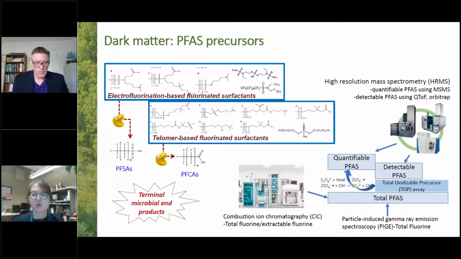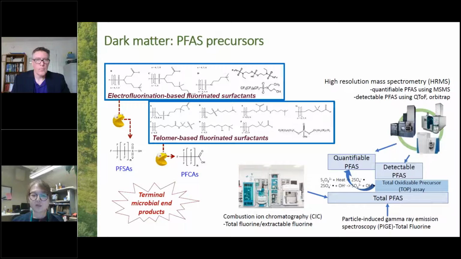This is why we call the PFAS precursors dark matter, because we have no information unless we really dig in and dive into it to know what's in there. But as time goes by with microbial activity, or when we apply treatment technology to the PFAS contaminated sample, they can transform to the final, very stable PFAS like PFSA and PFCA.